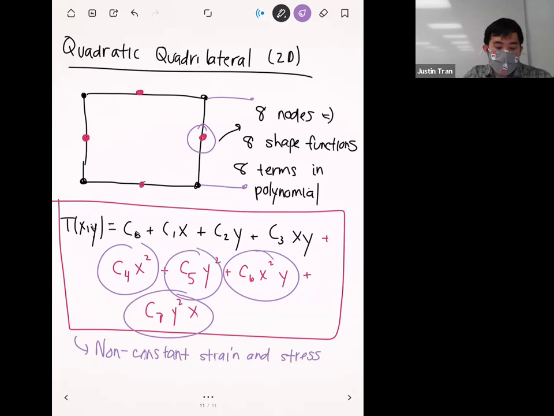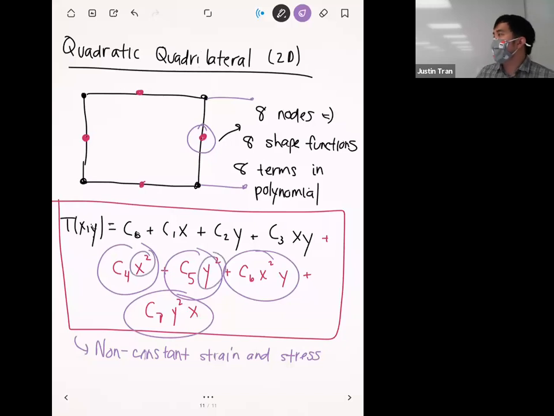And this is really important because what this tells us is that when we compute the strain field or the strain solution on this element, we're going to get a non-constant value, right? Because remember, the way that we compute strain is we take the derivative of our solution function with respect to space, right? And so in this case, we take the derivative with respect to x, and then we take the derivative with respect to y, okay? And because we have these four terms right here, that tells us that, even after we take the derivative, we can have strain that varies across the element, because we'll still maintain these terms, right?